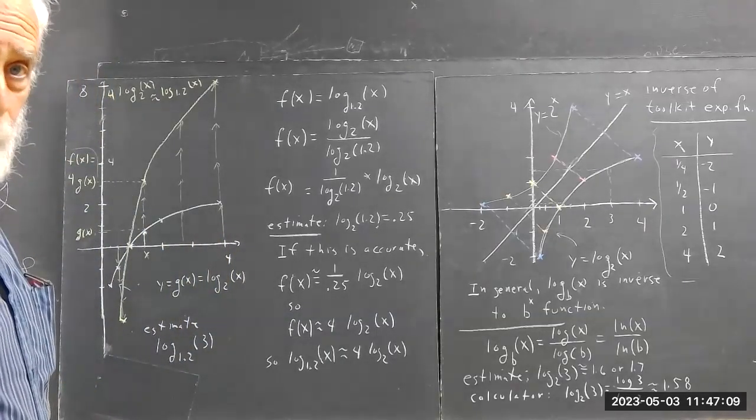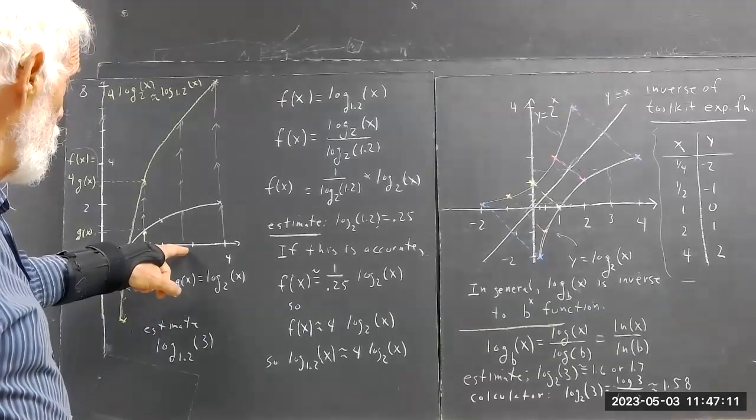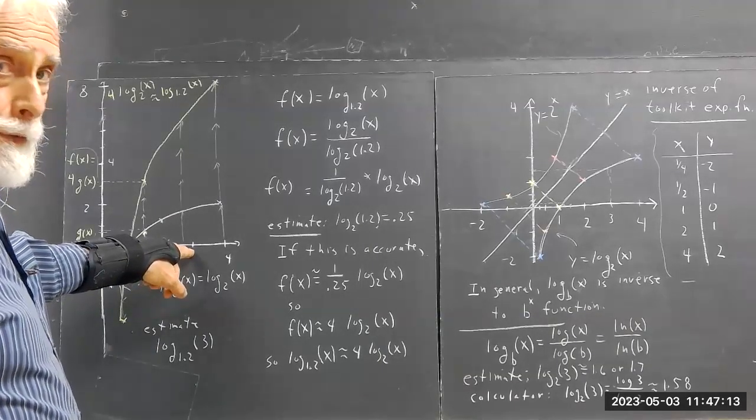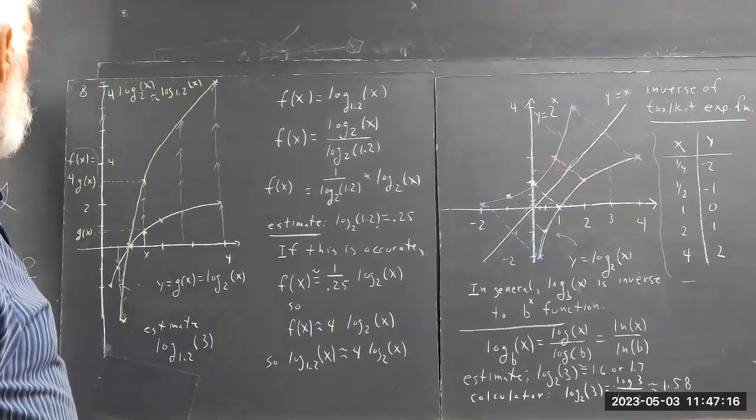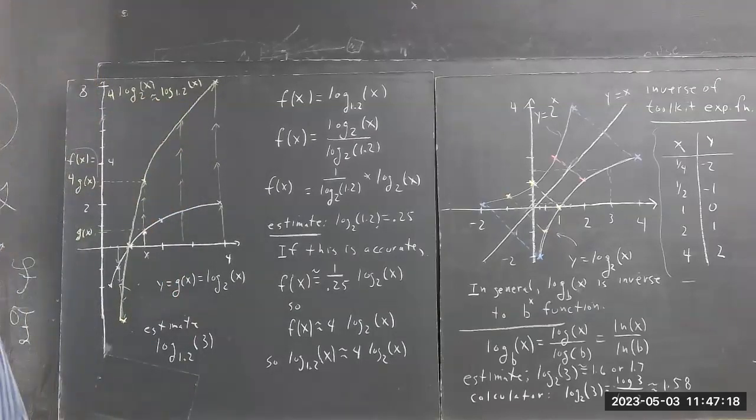So just eyeball it. If I start from this point and go through the graph and go over, what's it look like my value of y would be?